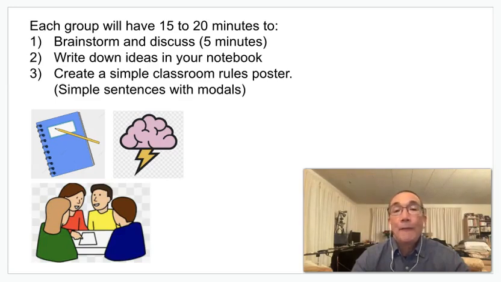So spend about 5 minutes doing step 1. Then write down ideas in your notebook. Write down your own ideas. Write down your classmates' ideas. Then you will create a simple classroom rules poster. Use the simple sentences with the modals on your handout.